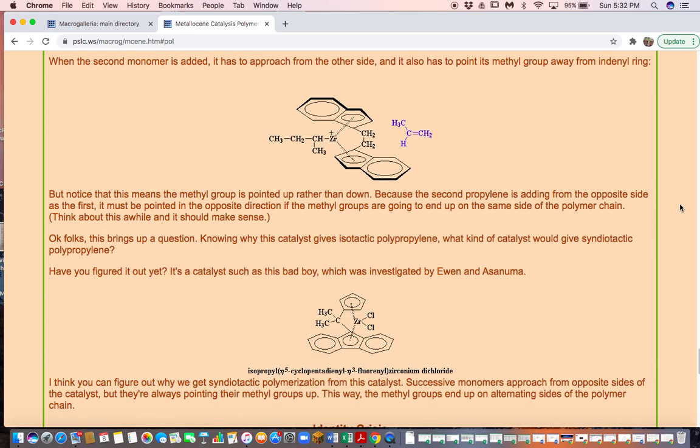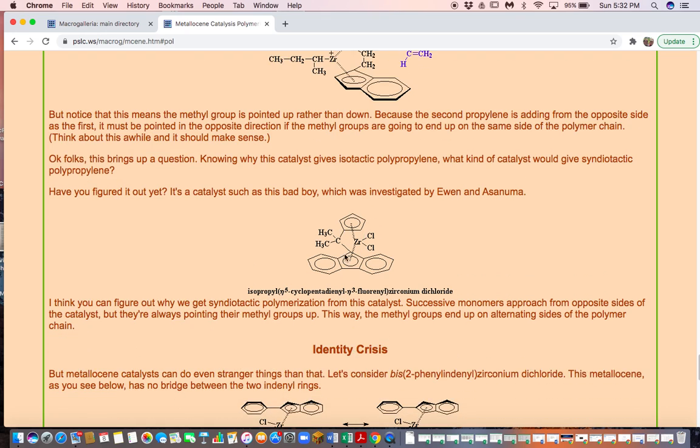If we wanted to make a syndiotactic polymer where it alternated, we could just use a different indenyl group, right? And that's what we'd have in this example. This is a different zirconocene, right? This is where we have up here basically a cyclopentadienyl anion, but here we have a super indenyl group, right? It's got two rings on it.